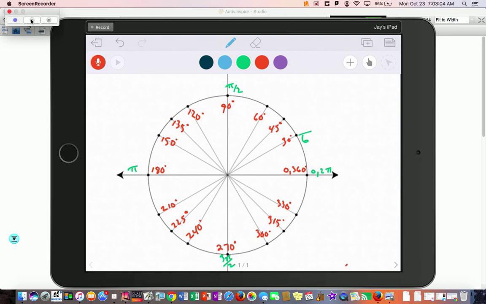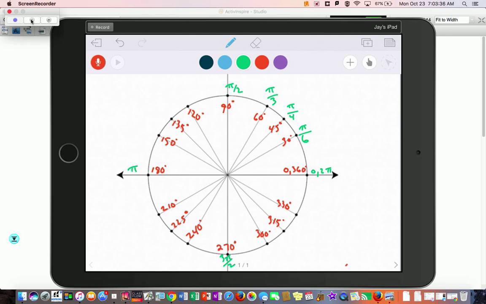So this represents a sixth of the top half of the circle, and you can write 1 pi if you want, but we typically just write pi. How many 45s can you fit in 180? That's 4. And so this would be pi over 4. And how many 60s can you fit in 180? 3. So now that's pi over 3.